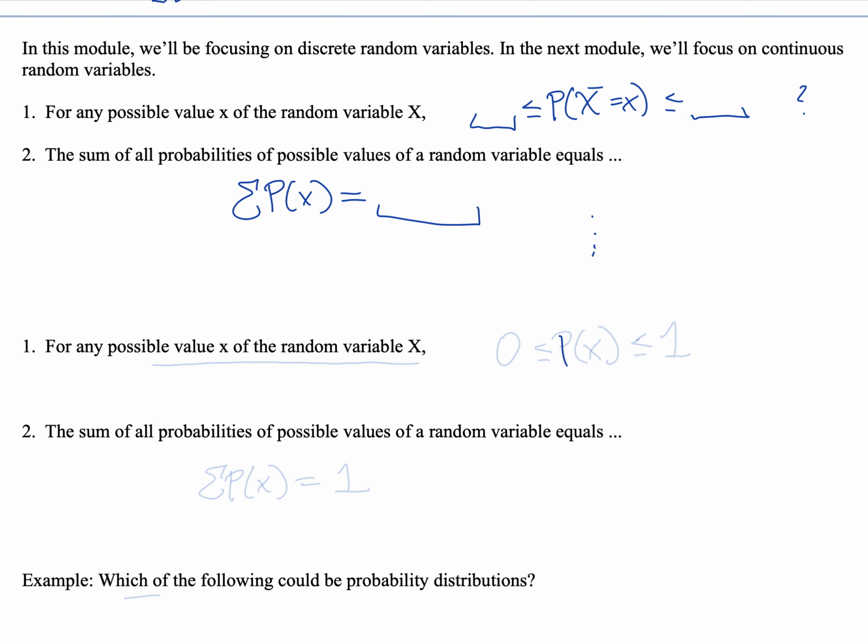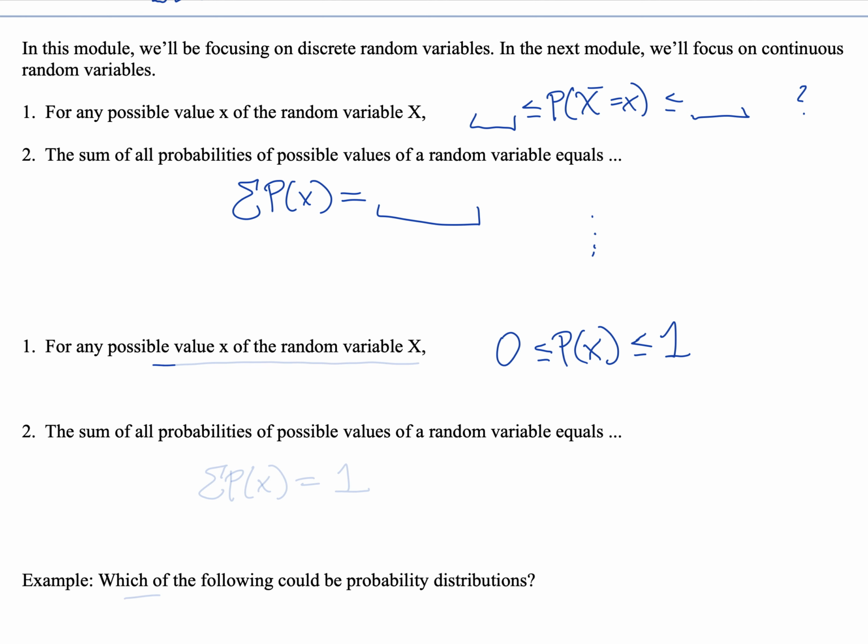Okay, so you may recall that the probability of any event is always going to be less than or equal to 1 and greater than or equal to 0. So an impossible event has probability 0. An event that's certain to occur has probability 1.